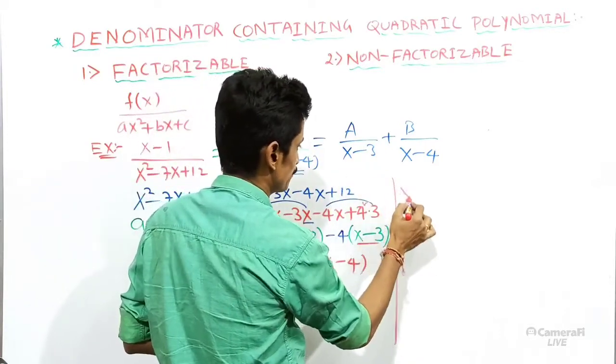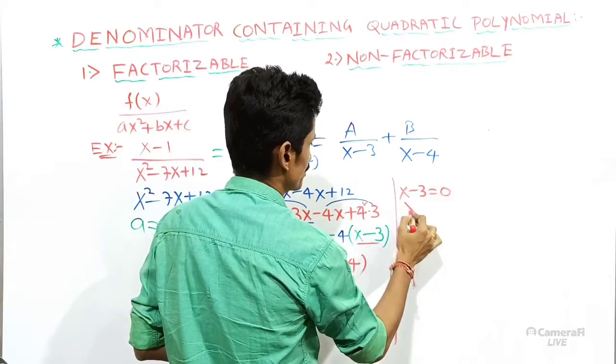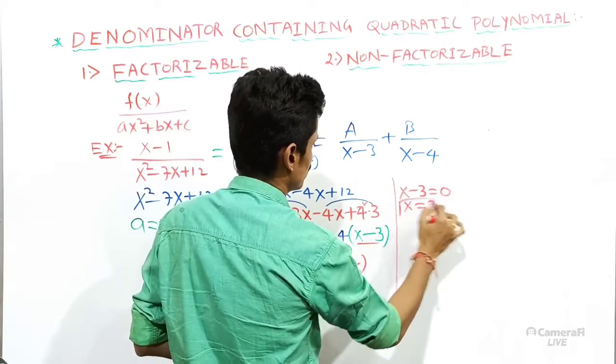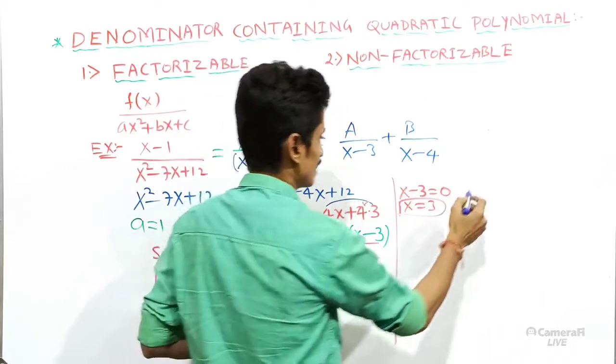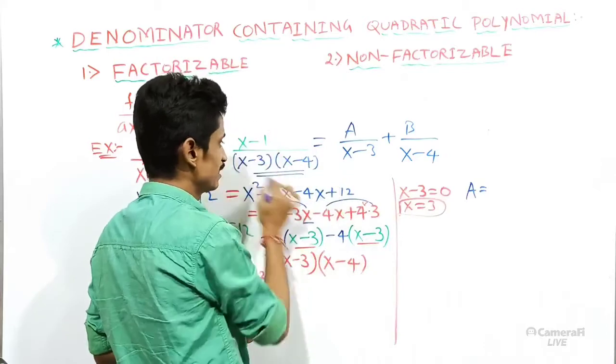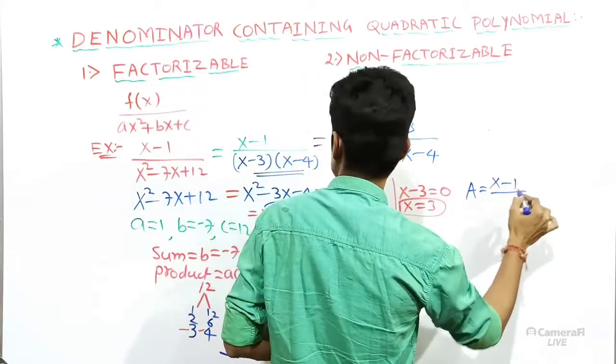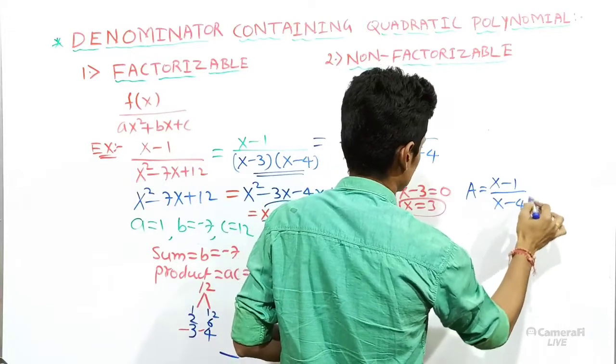We focus on this denominator, x minus 3 equal to 0, and x equal to 3. Now we write our a value. A is equal to, excluding this x minus 3, the complete LHS part, that is x minus 1 upon x minus 4.